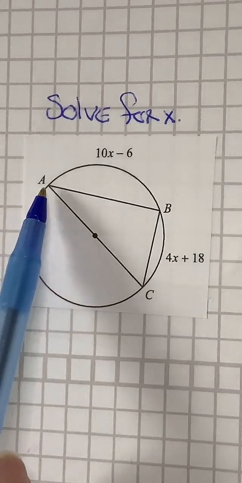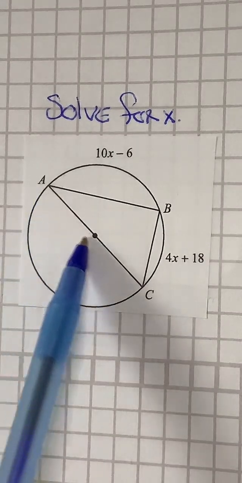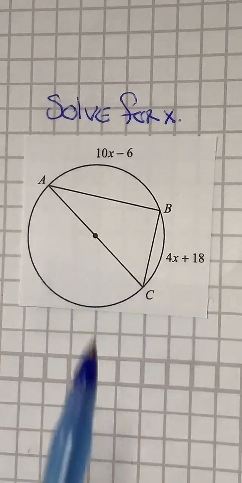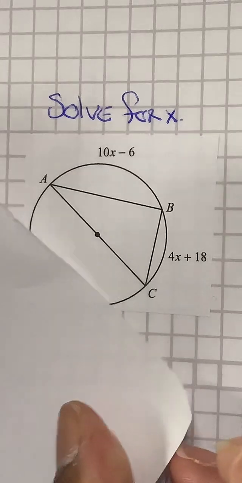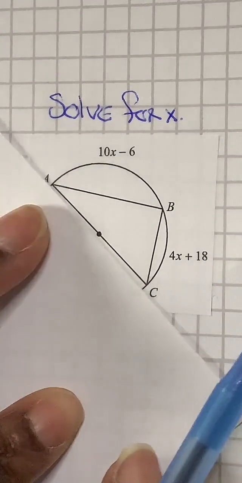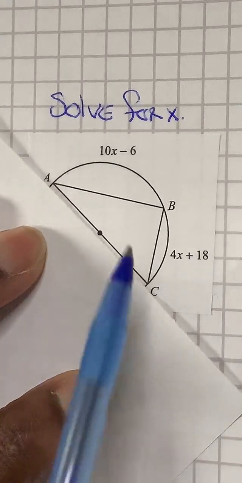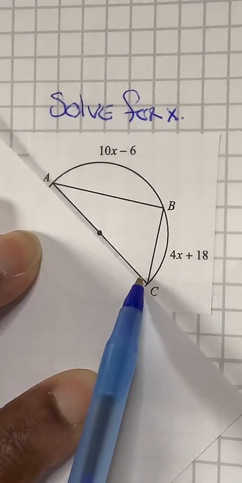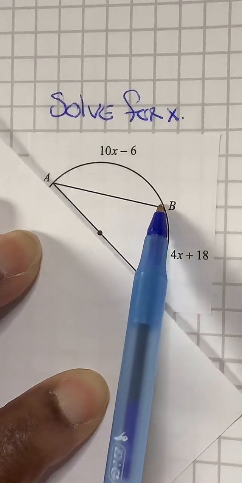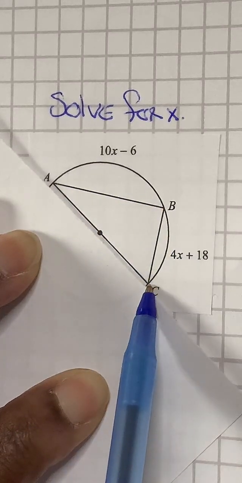So we have A to C. It's going through the center of my circle. So that means we have a half circle. We don't need to worry about the measure of the angles because what they're giving us is our two arcs.